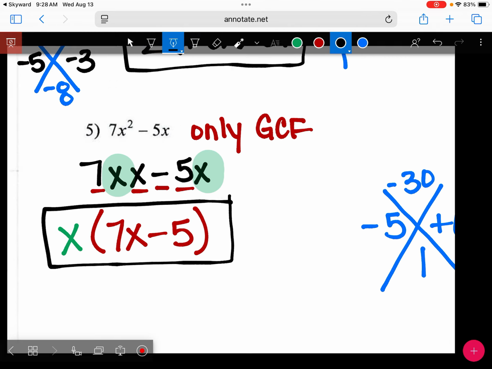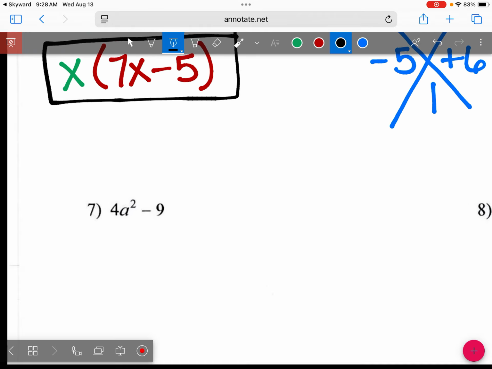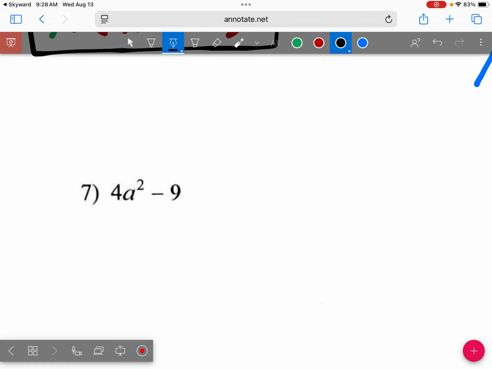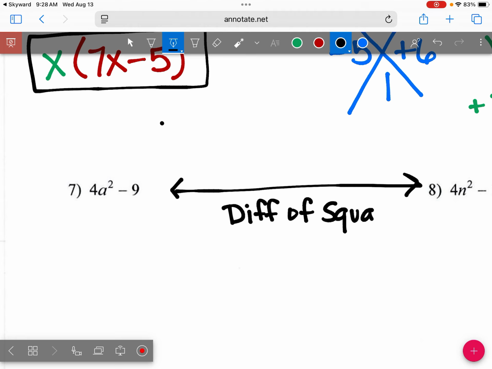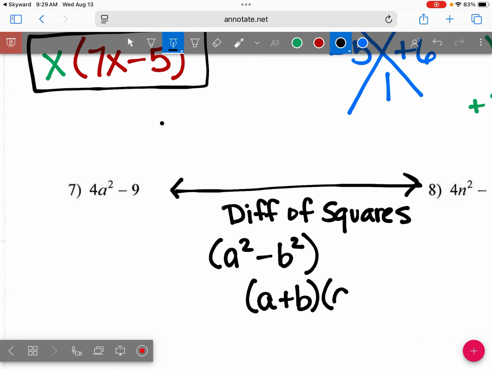All right, last two. 7 does not have a GCF, but if everyone looks in the front, do you see how 4 and 9 are both in the front? They're called perfect squares. So these last two are actually called the difference of squares. When you see a squared minus b squared, it has to be minus, it just factors down to a plus b and a minus b.